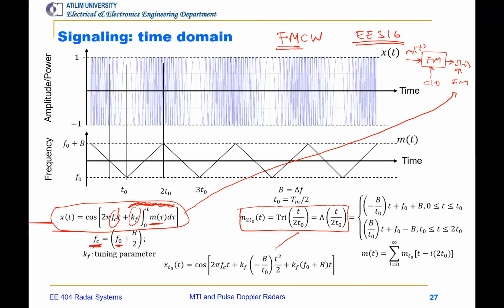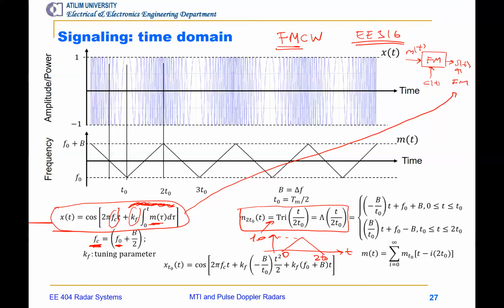So just take a triangle whose duration is 2t_0, so let's say 0 to 2t_0, whose amplitude is 1. So here is my triangle. Now, we have a sequence of these triangles.